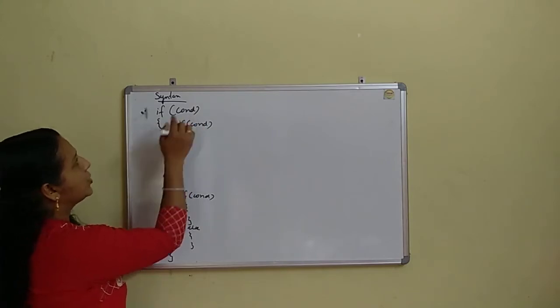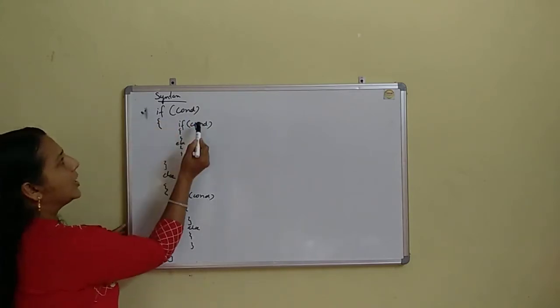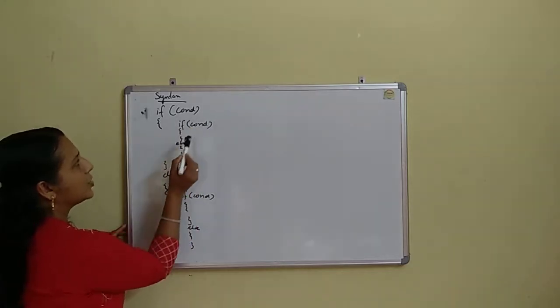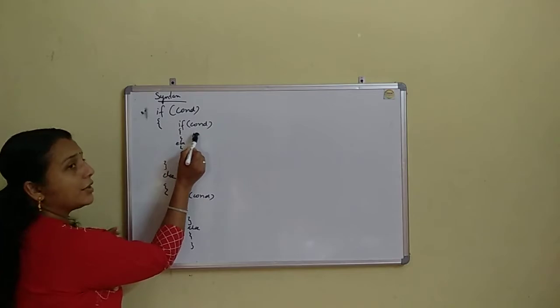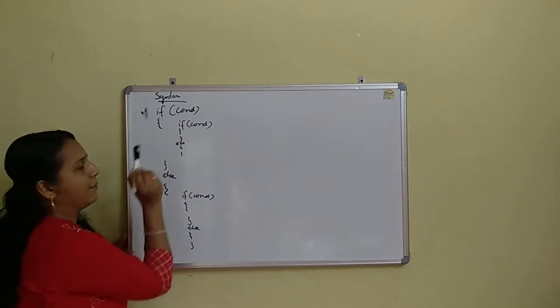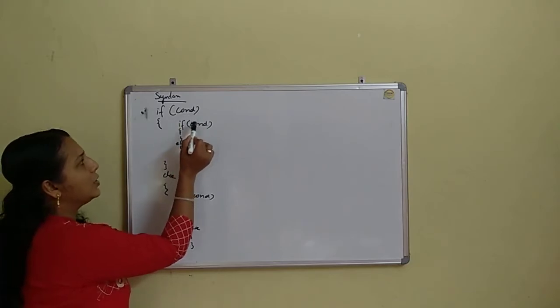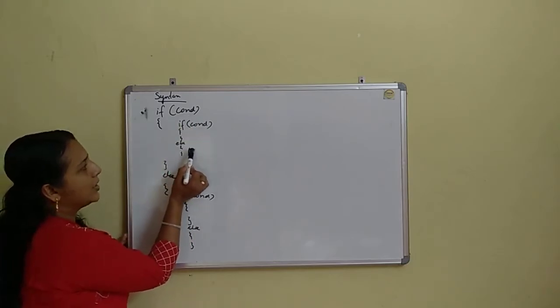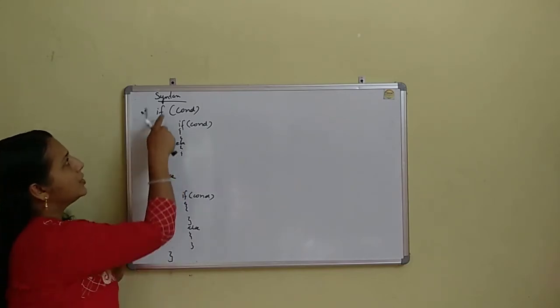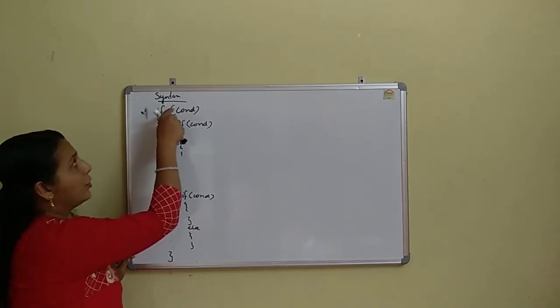So the execution is like this. When this condition is true, the control comes to this if block, and it is going to execute whatever statements are present inside this if part. If this condition is false, the control will execute the statements present inside this else block. Suppose the outer condition is false, what happens?